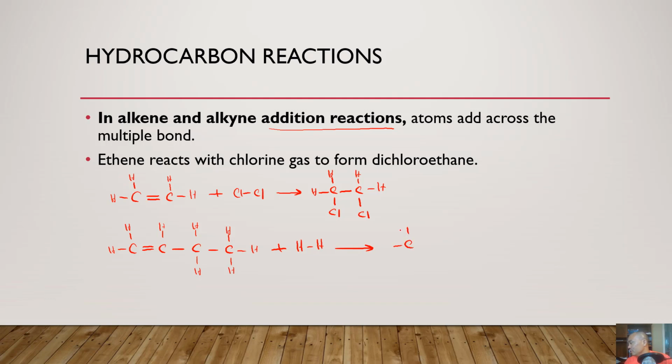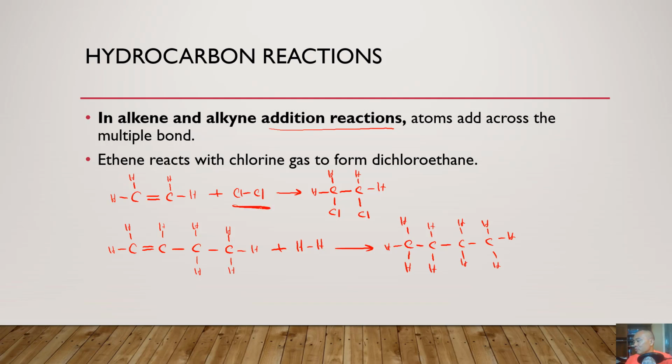So first, you're going to break that double bond and make a single bond out of it. The next thing you're going to do is to make sure all carbons are satisfied with tetravalency. This carbon only has 3 single bonds, and this carbon has 3 single bonds. So you're going to add a hydrogen to it.